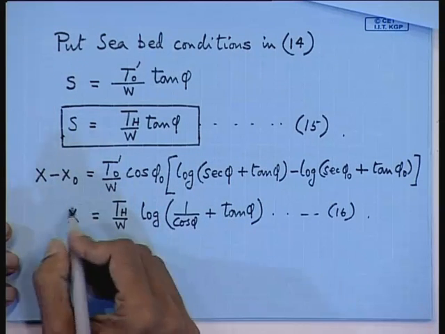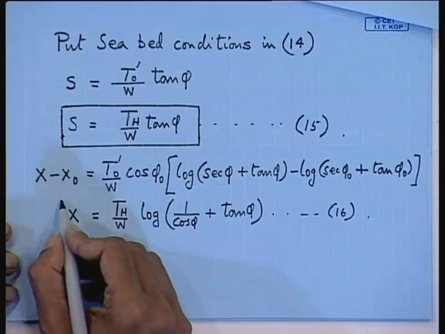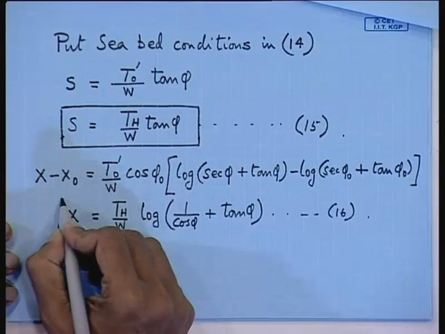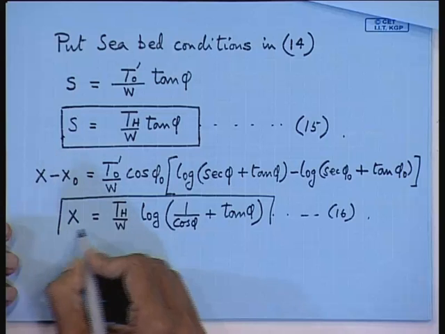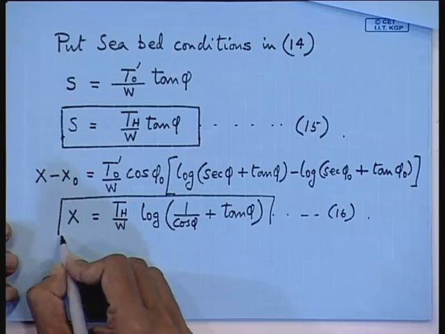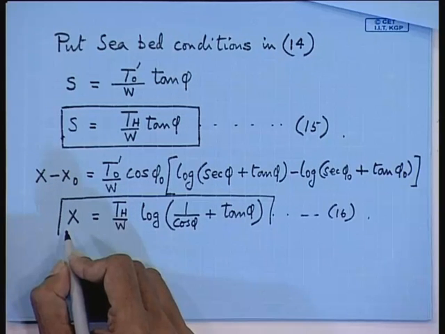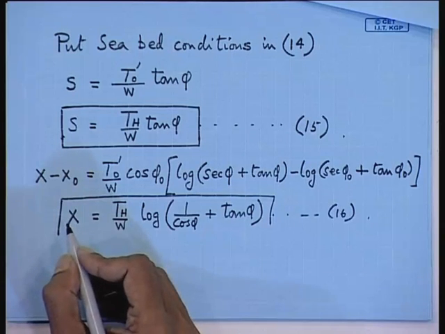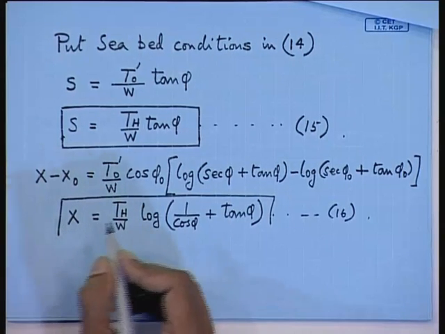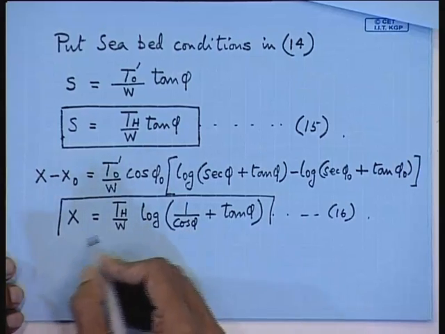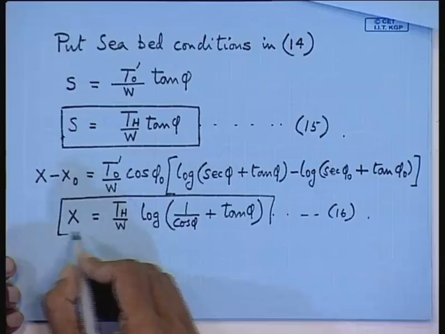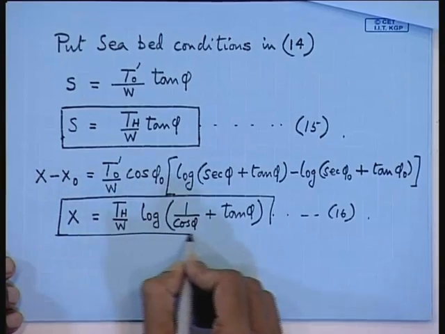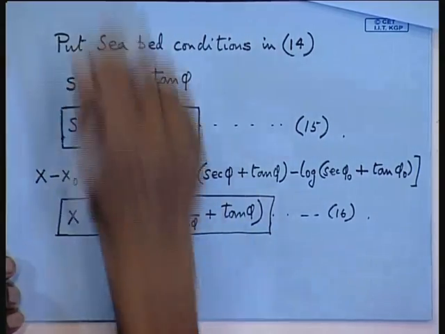Now you find out z. But when you substitute in this expression, you don't put z naught equal to 0. Because what is your seabed condition?